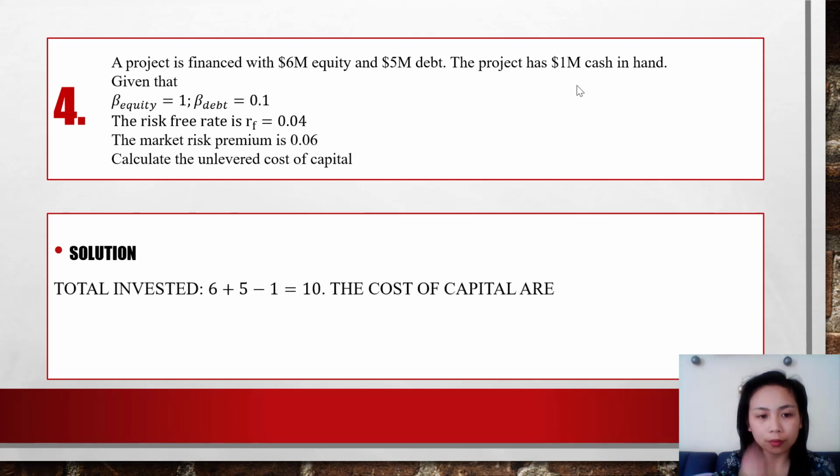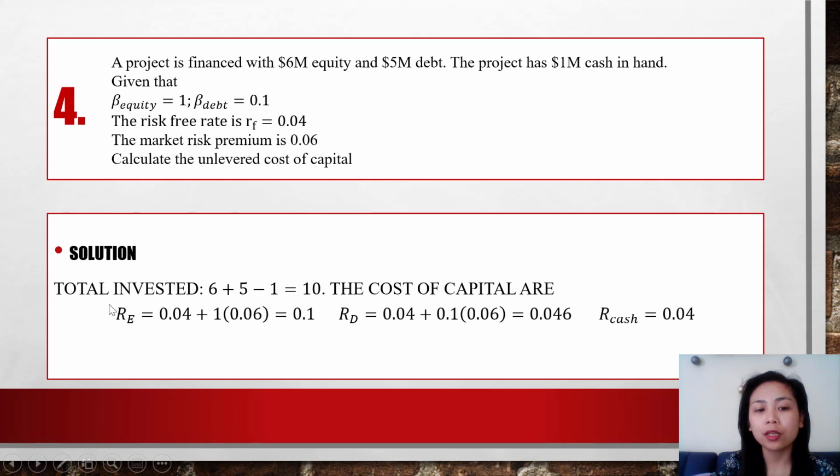So here, the total investment is 6 plus 5 minus 1, which is $10 million because we got $1 million cash in hand. For the costs of capital, first RE, using the cost of capital formula, RE is equal to RF plus beta E times the risk premium of the market.